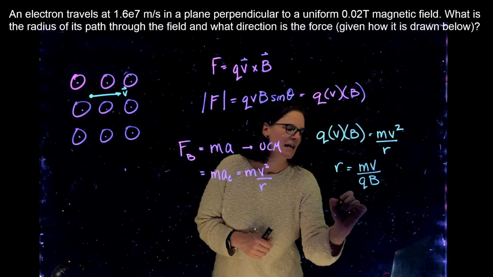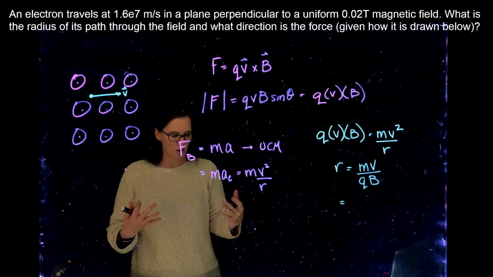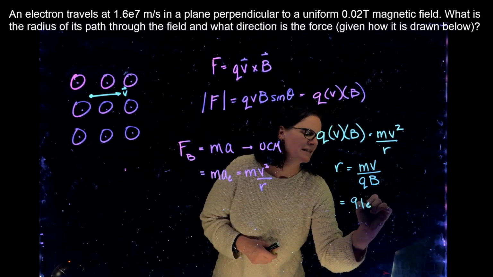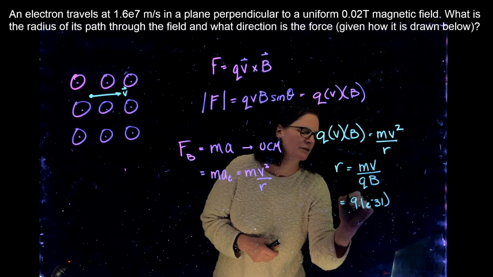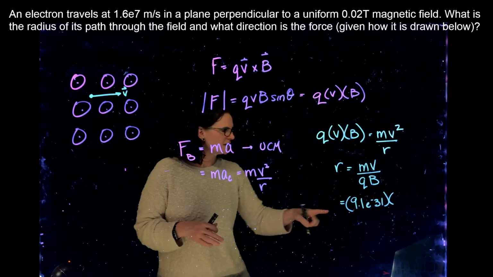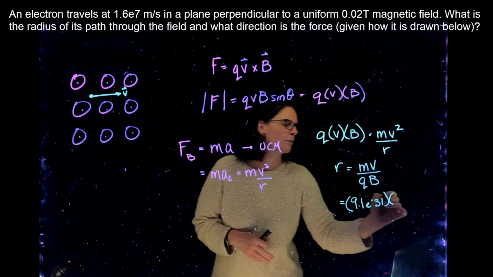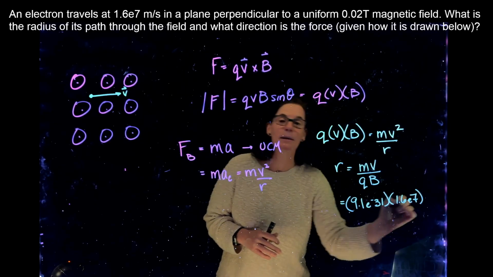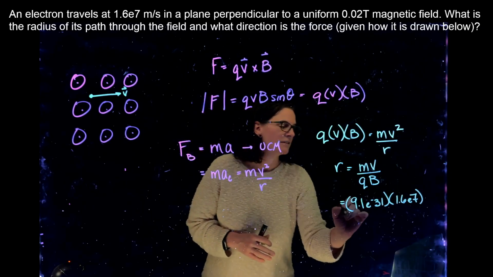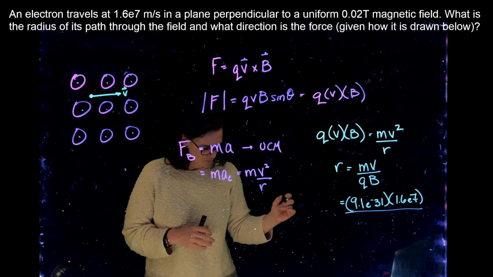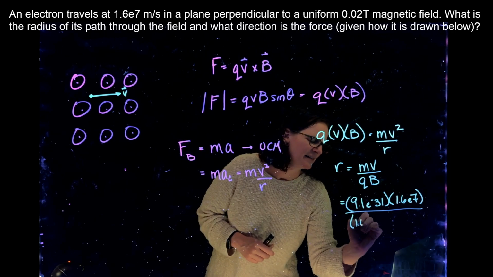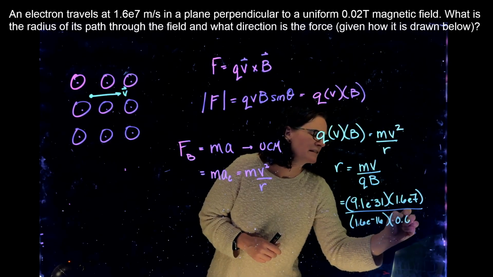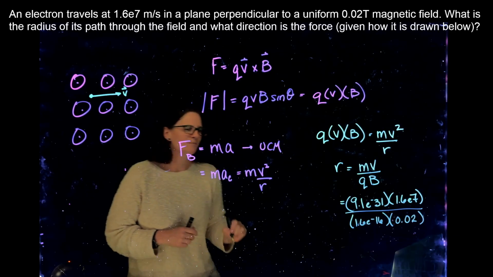So we know that the mass of an electron is a known quantity. The mass of an electron is 9.1 times 10 to the minus 31 kilograms. We're told that it travels at a speed of 1.6 times 10 to the 7th meters per second. The charge on an electron is also known, 1.6 times 10 to the minus 19 coulombs, and we're in a 0.02 Tesla magnetic field.